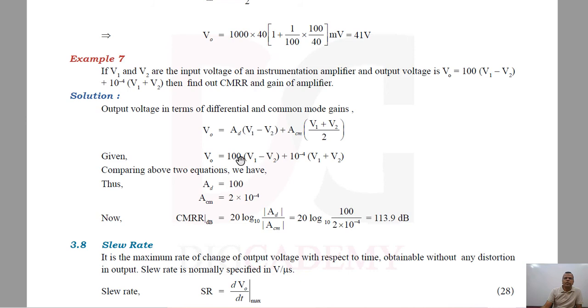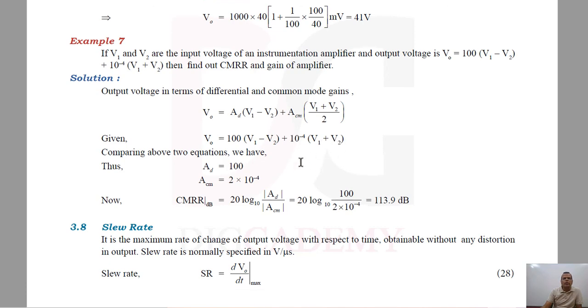We are already given this expression, but here please see we have V1 plus V2, whereas for getting the common mode gain it should be (V1 plus V2) by 2. So we divide by 2 and multiply by 2. Multiplying by 2, I get the common mode gain: 2 into 10 to the power minus 4.